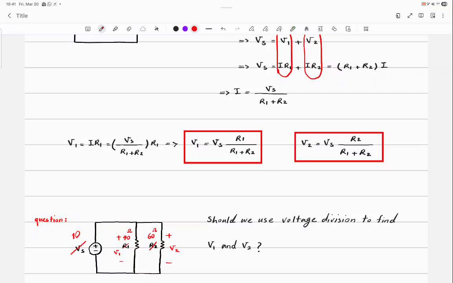Very common mistake. If the resistors are in parallel, should you go for voltage division? No, because both have the same voltage equal to 10. So when can we use voltage division? In series. You have a voltage source in series with two resistors, and then you can do voltage division. Any problem?